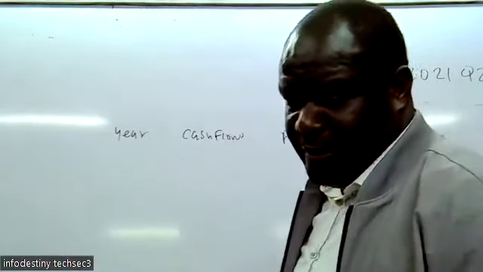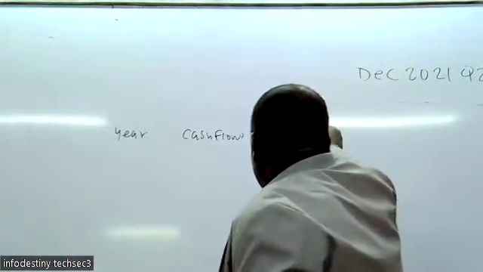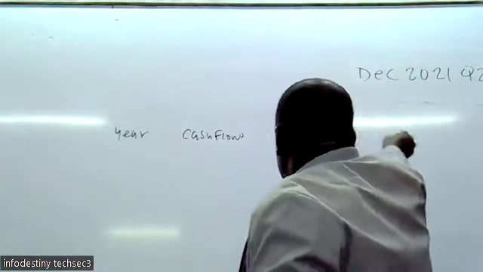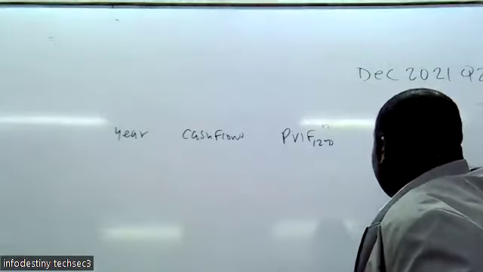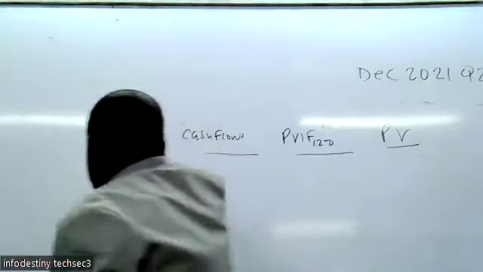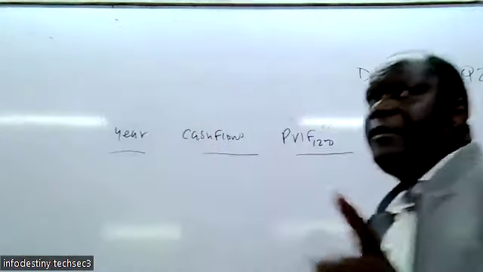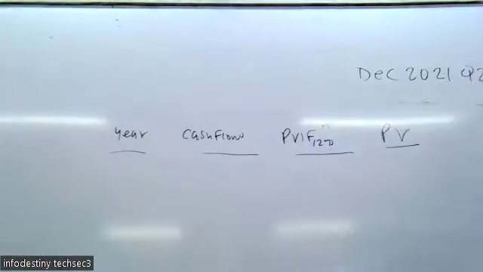I've given you 12% like that for each year, so that now we get the present value. So I will first use the first table where the cash flows are not the same. Then after that, I show you how to use the second table, the annuity table.